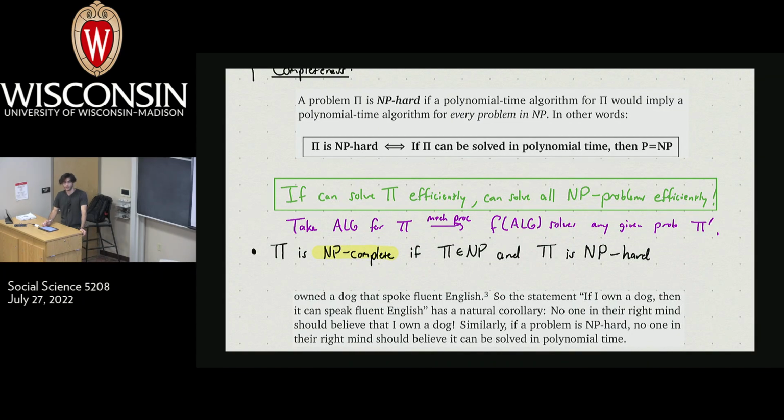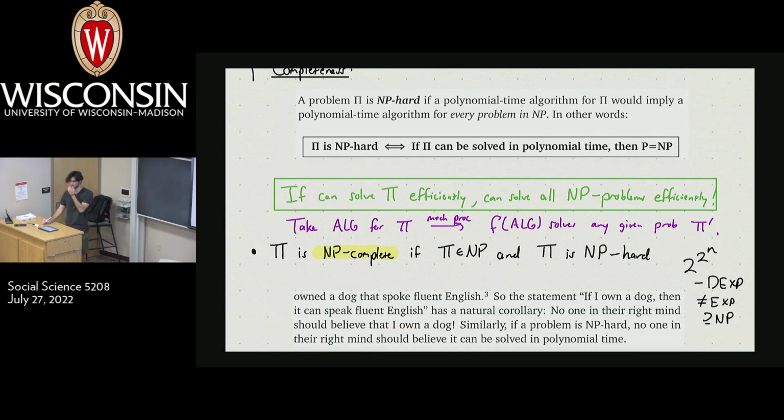Not necessarily. We don't know if NP equals EXP, but what we definitely know is NP does not equal double EXP. Anything of the form 2 to the 2 to the n is double EXP, and this does not equal EXP. And NP is a subset of just single EXP.